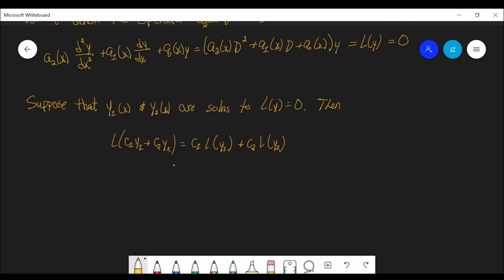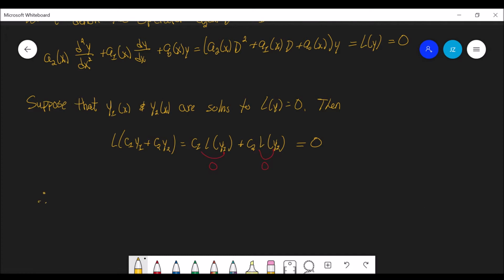Well, since y1 is a solution to L of y equals 0, this term must be 0. Likewise, y2 is a solution, so this term must be 0. And so this whole thing equals 0, which is what we desired.